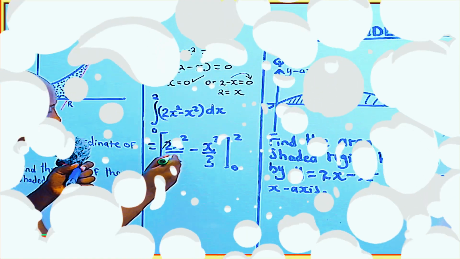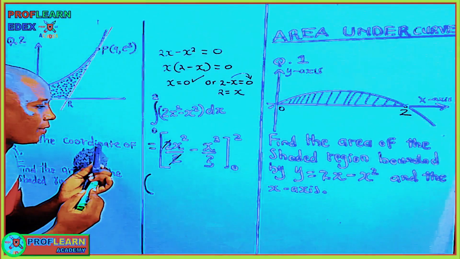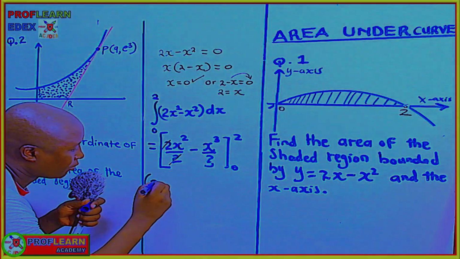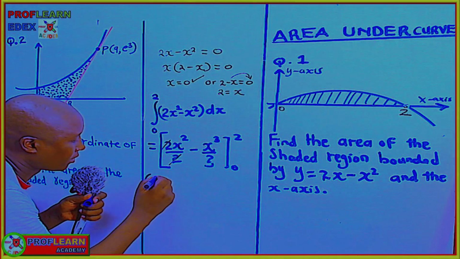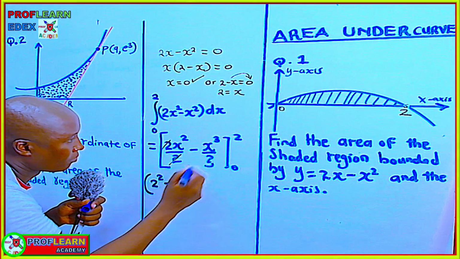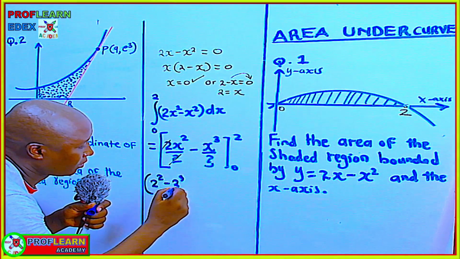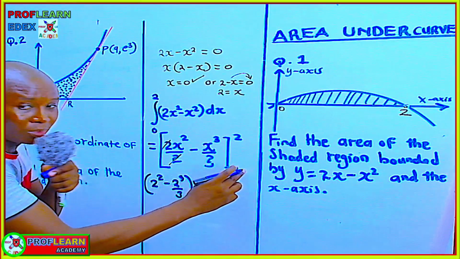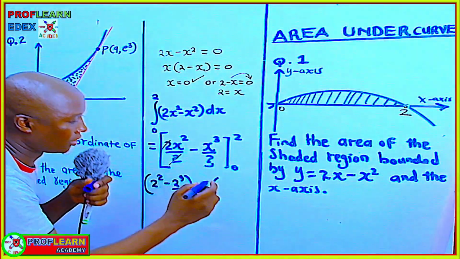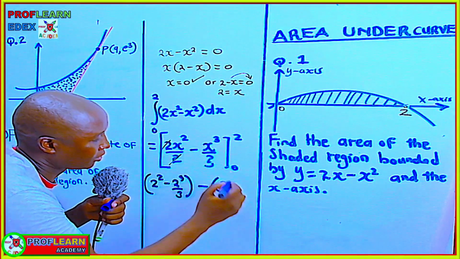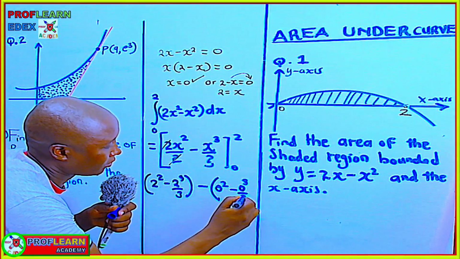The 2 and 2 will cancel out, and the expression simplifies to 2 times 2 squared minus 2 cubed over 3, minus, now substituting the lower limit, 0 squared minus 0 cubed over 3.